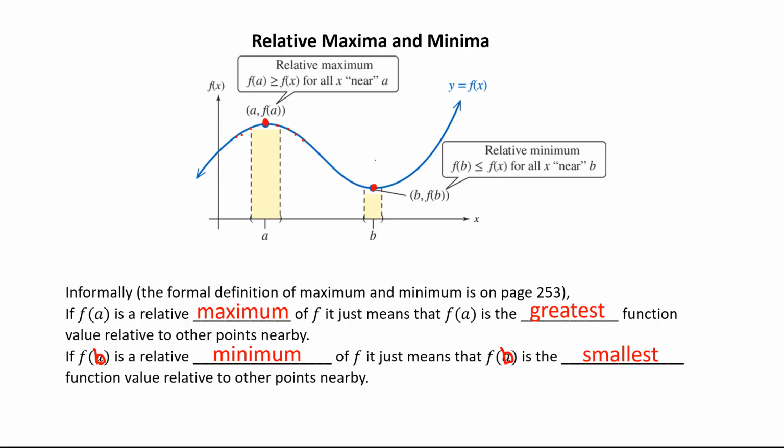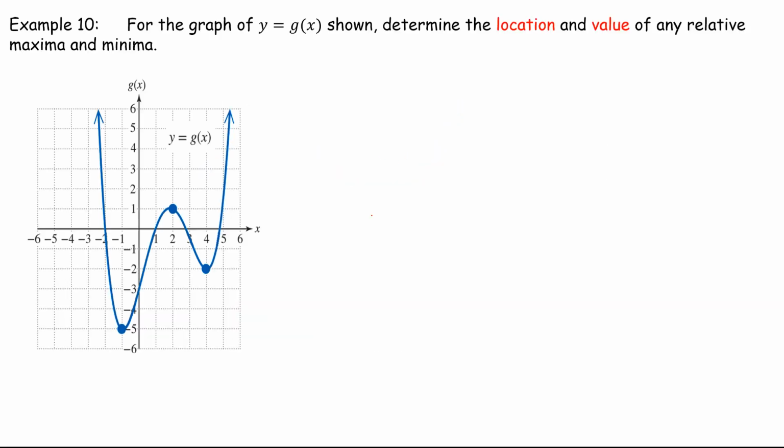So the way we would say this, we would say there is a relative minimum of f of b at x equals b. So for the graph of y equals g of x shown, determine the location and the value of any relative maxima and minima. So if you look down here at the bottom, you can see that there's a low point at -1, -5. That is lower than any of the other function values near that. The location of that minimum we would say is -1.